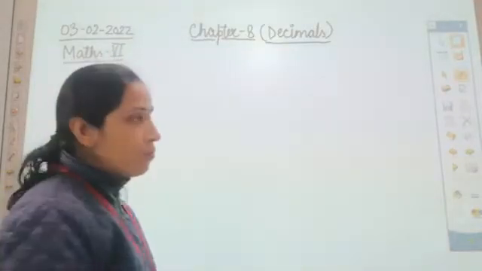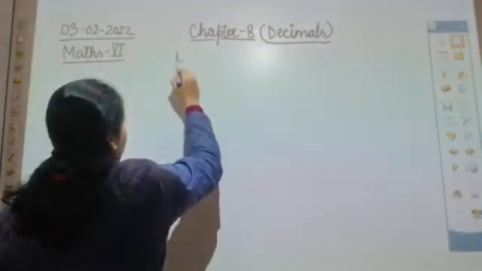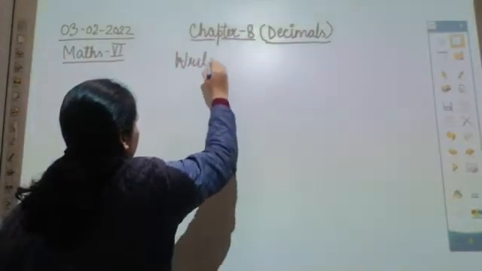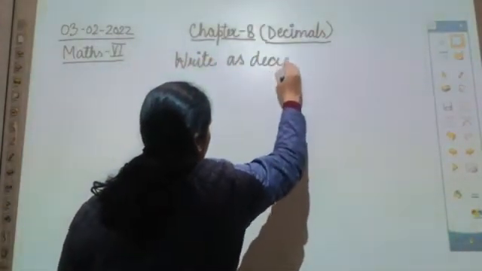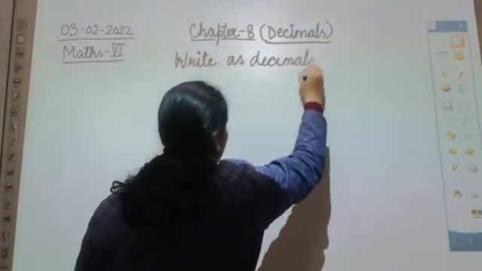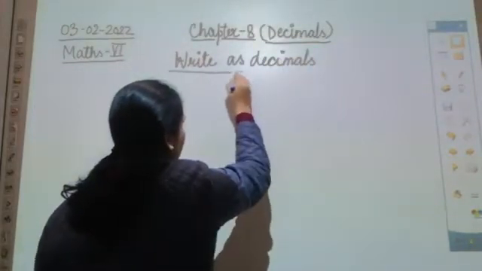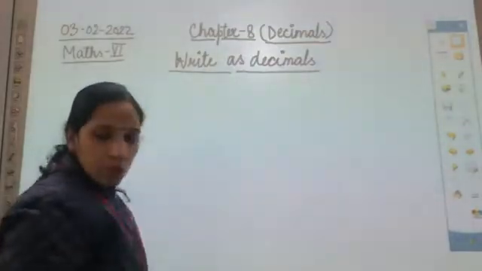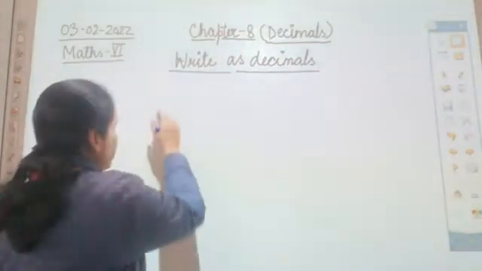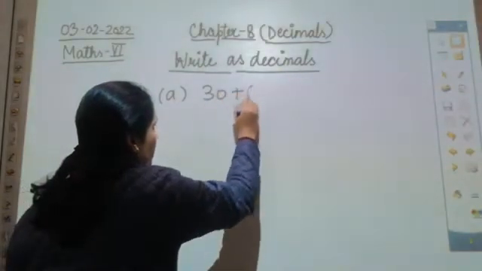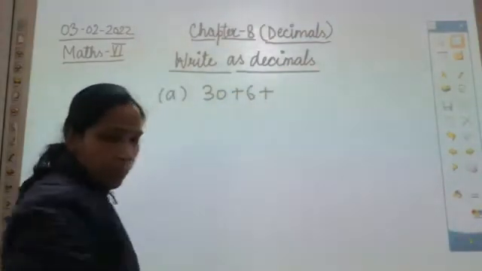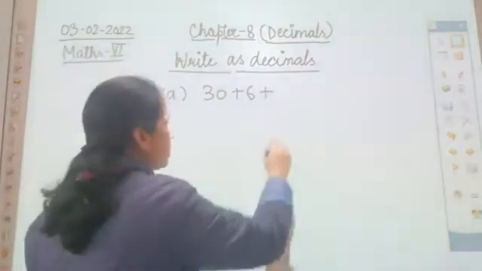Now write each of the following as decimals. So you have been given the expanded form and you need to write it in decimals. So here part A, first, that is 30 plus 6 plus 2, that will be divided by 10.